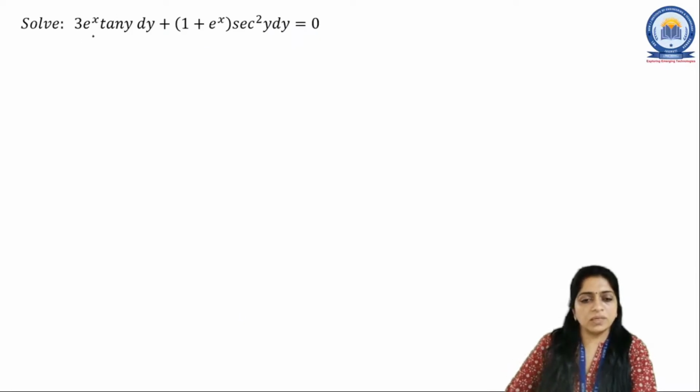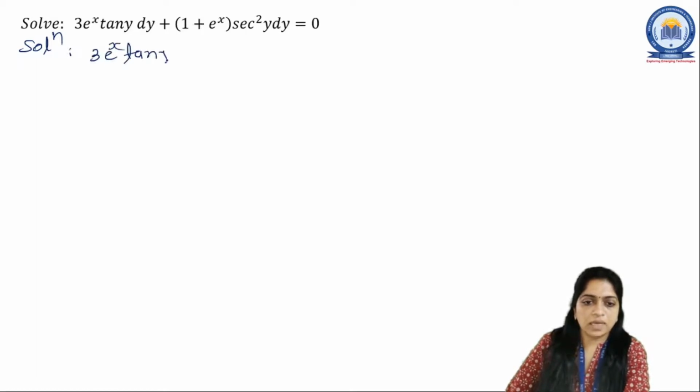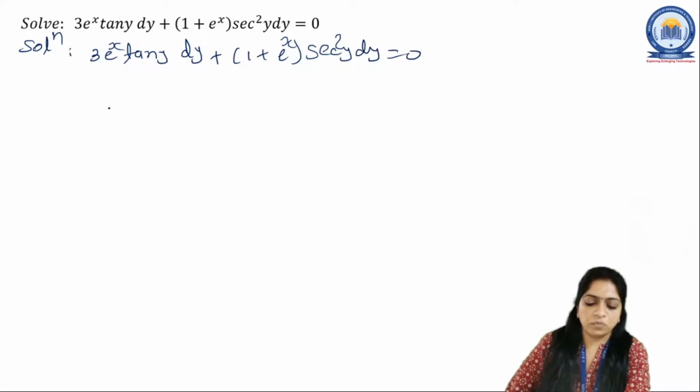Here our question is 3 e raised to x tan y dy plus 1 plus e raised to x sec square y dy equal to 0. So let's start the solution.